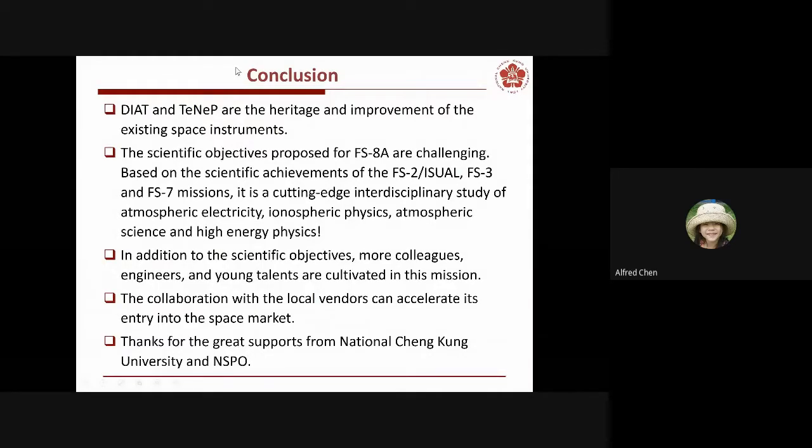In addition to the scientific objectives, we hope to have more colleagues, engineers, and young talents cultivated in this mission. We also expect collaboration with foreign missions and foreign teams. And the collaboration with local vendors can also accelerate their entry into the space market.